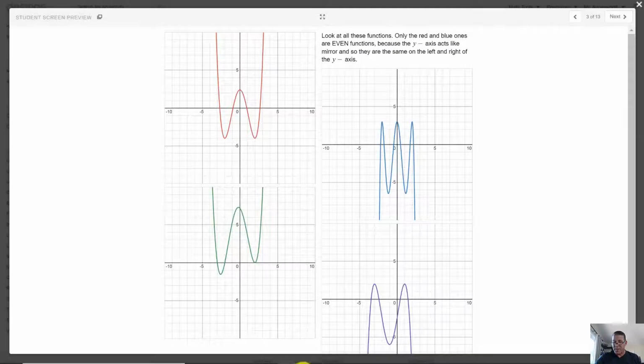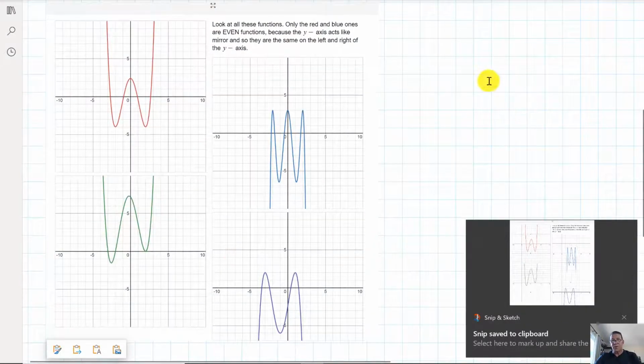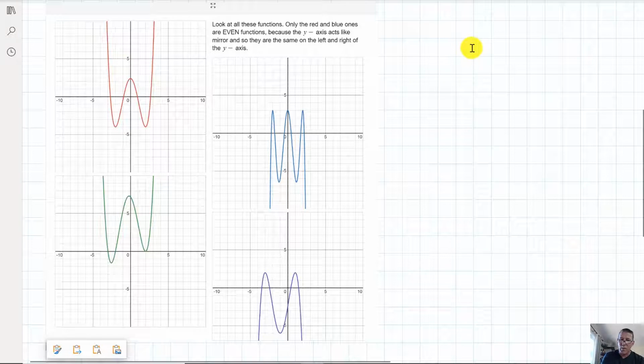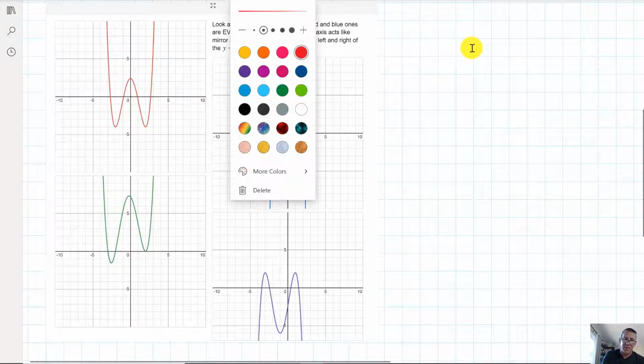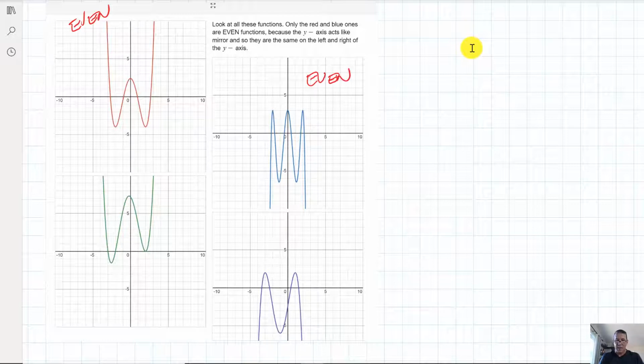Let me just bring these functions in. All right, so check this out. It says only the red and blue ones are even. So this one's even, this one's even, and the other ones are not even.